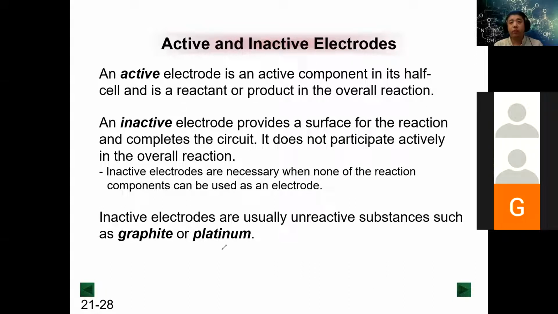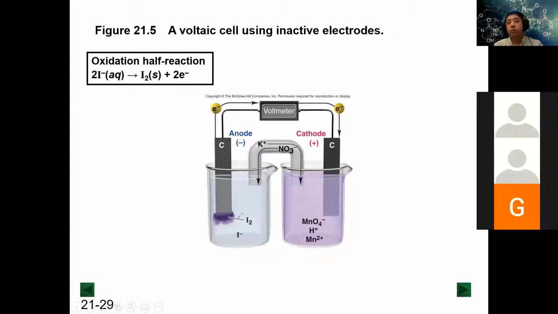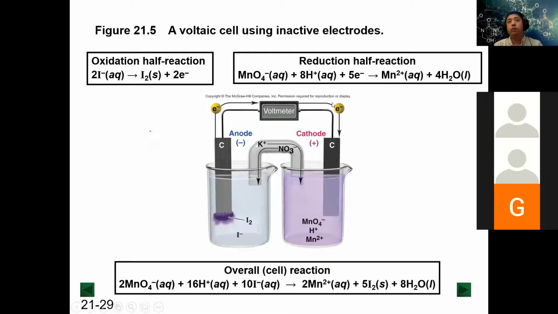And once again, these are unreactive. They will not react with our reaction, but they serve as things that help us transfer the electrons. So an example here, if I look at the copper bar here, this is a graphite bar. This is actually forming I2 in the process. And then this solution is a little more complicated. It's not the same as your normal one here. It doesn't really involve two metals as much. This involves an anion in the process and then a metal.